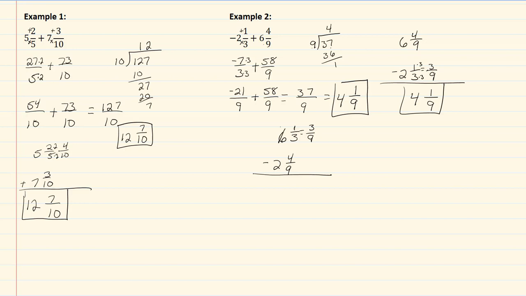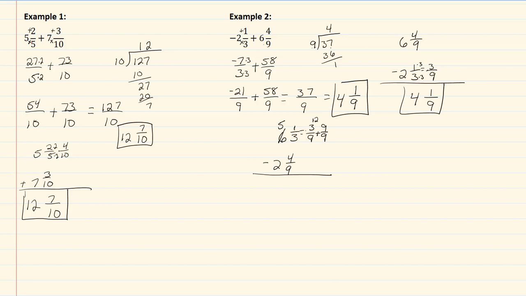And we borrow from our 6, and we're borrowing 1, which means that I'm adding 1, but I'm adding 1 with the denominator that I have. So I'll have 3 plus 9, which would give me 12. And I have to do this anytime I'm dealing with a mixed number, which is why sometimes people do not like to subtract with mixed numbers.